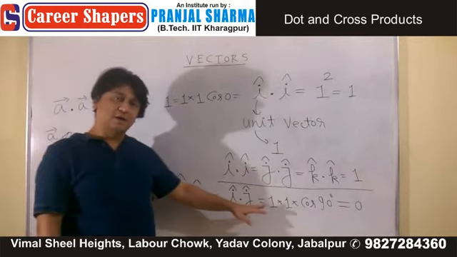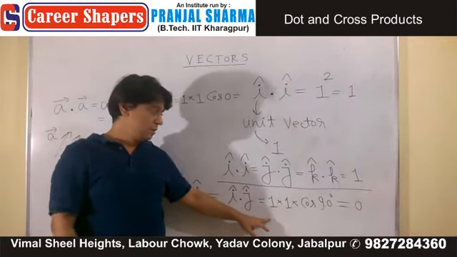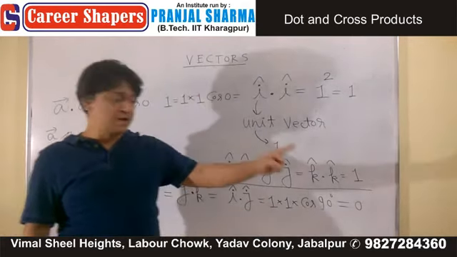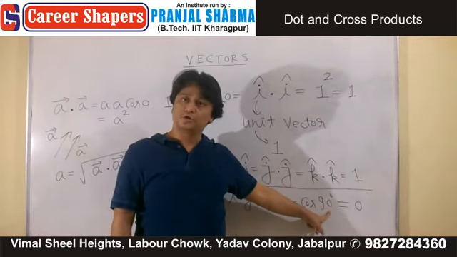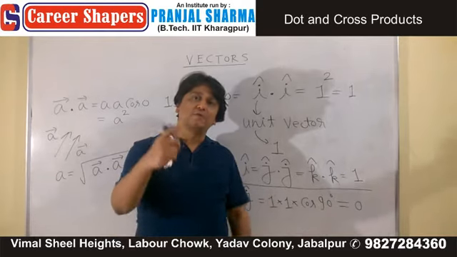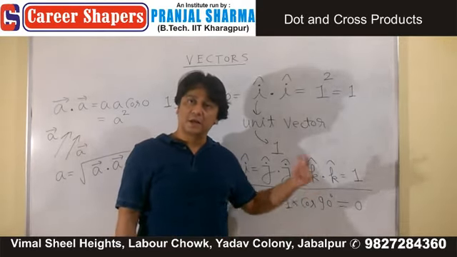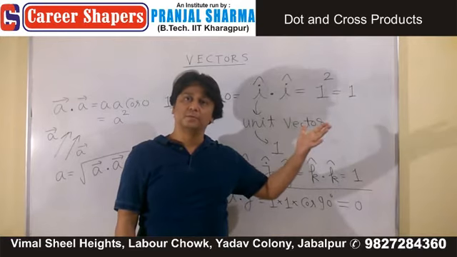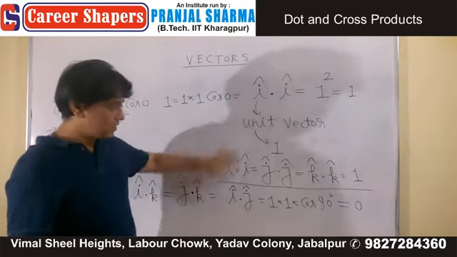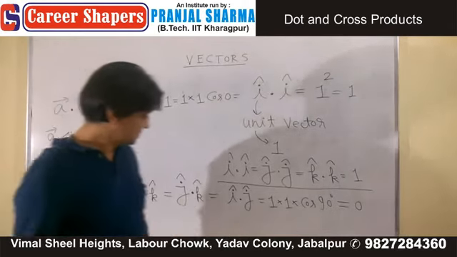If you have two vectors which are mutually perpendicular, you will get cos of 90, which is 0. So whenever you have two mutually perpendicular vectors, their dot product is always 0. Do one thing, note down this and then we'll write the statement also. Note down this much fast.